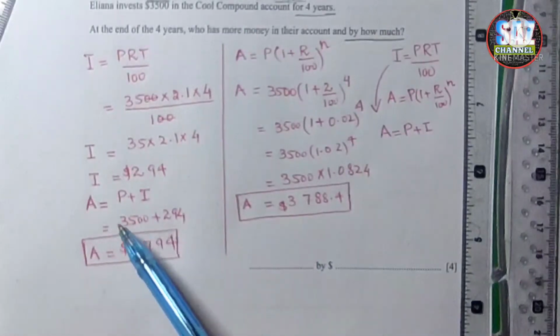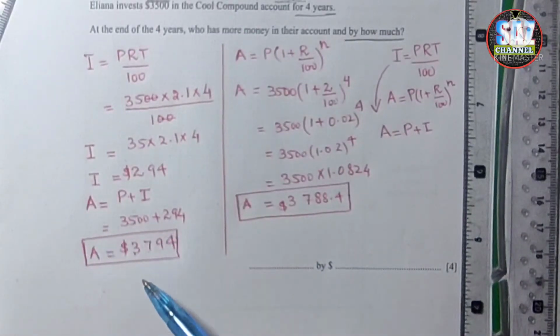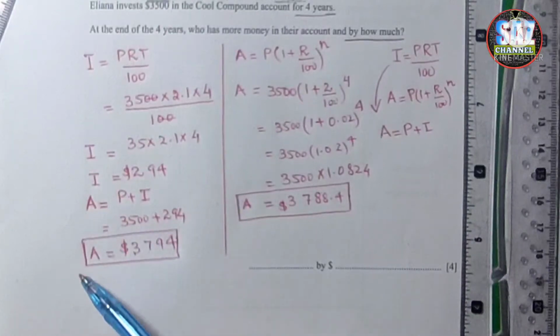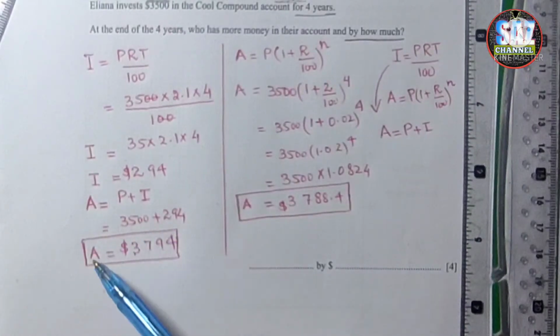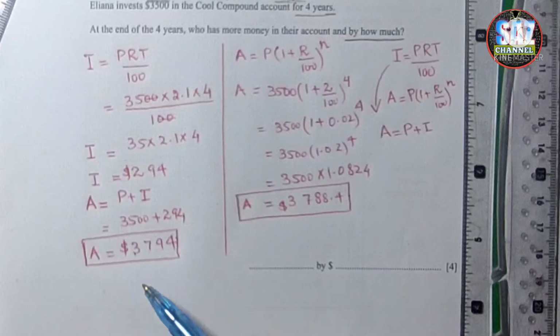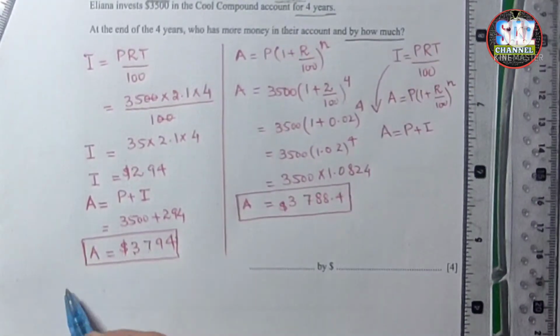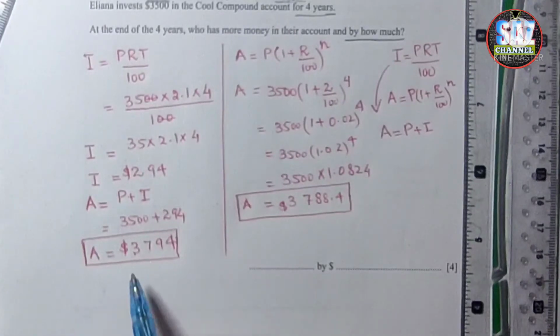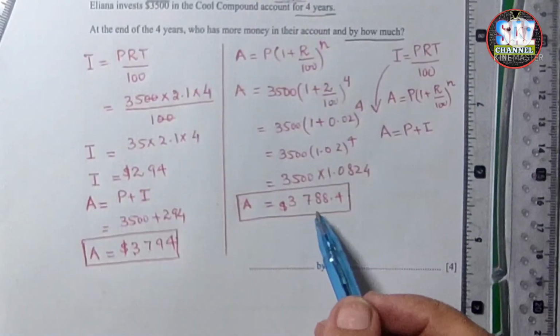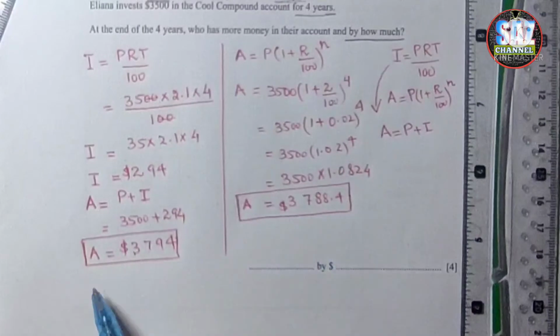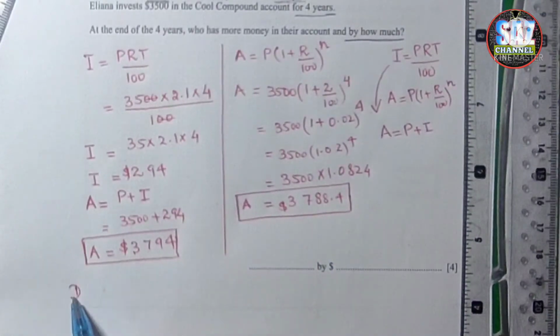So we can see clearly that Petro with the simple interest plan will have more money in the account at the end of 4 years. And now, in order to find how much extra money he will have, we need the difference in amounts.